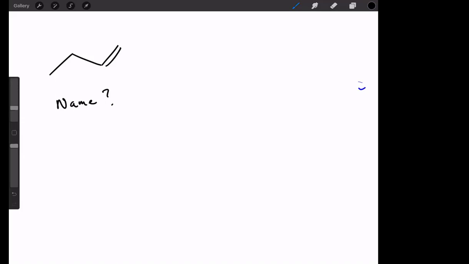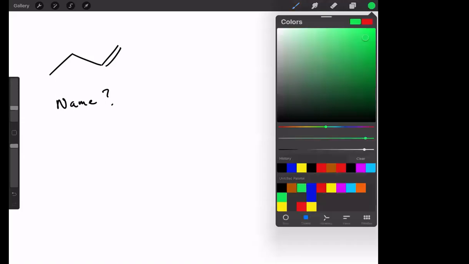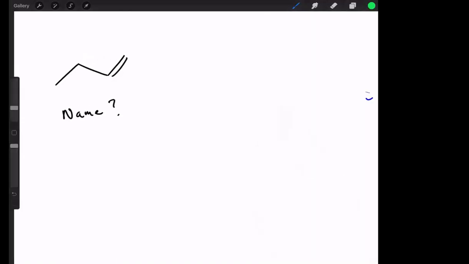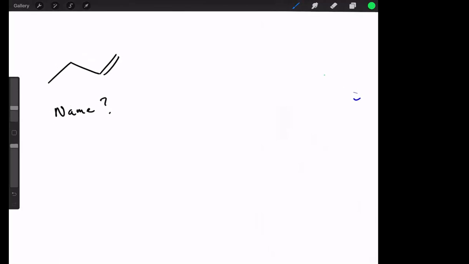Okay, so what is this particular species? Well, we're still going to count carbons. So at the end of the day, boys and girls, we've got 1, 2, 3, 4 carbons. And so what's the suffix for 4 carbons? But. Yeah. But it's not an alkane anymore.